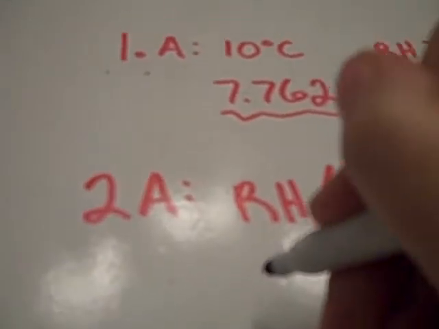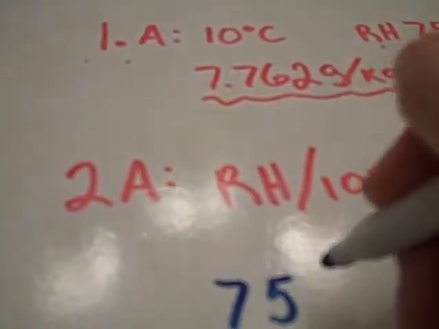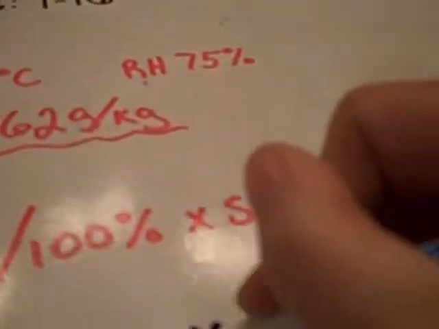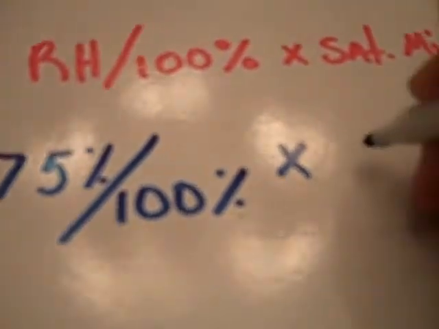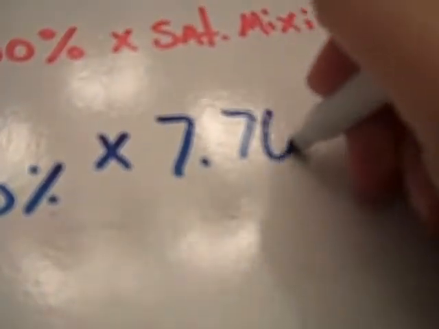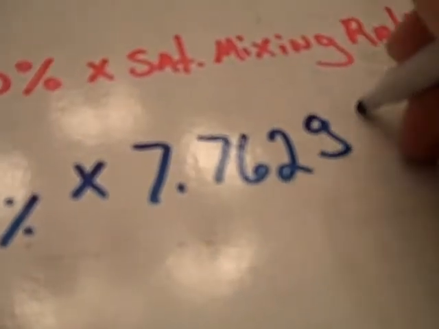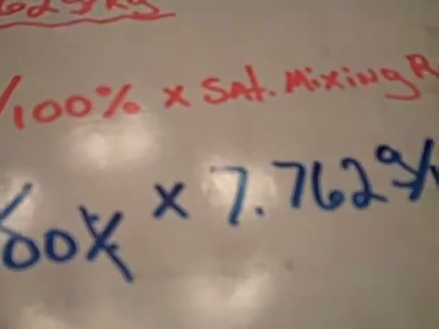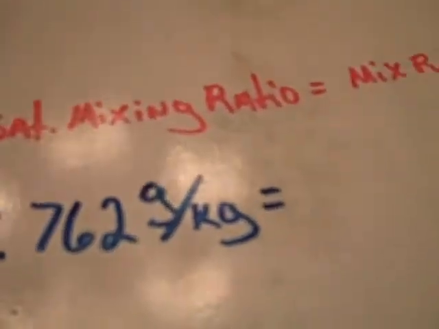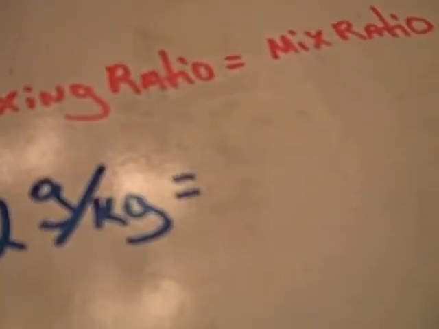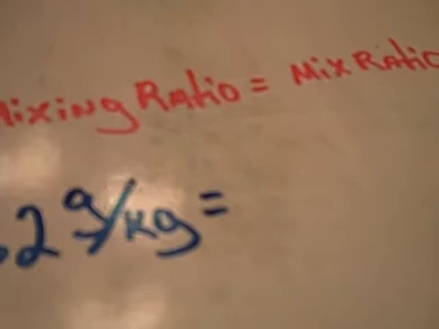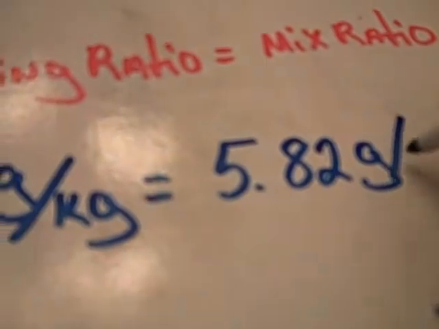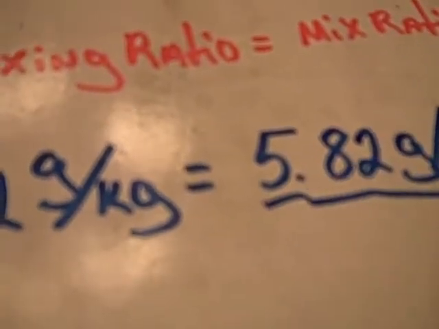So let's plug everything in: 75% divided by 100% times the saturation mixing ratio from my curve, 7.762 grams per kilogram. My percentage units cancel out, and I get as my answer 5.82 grams per kilogram. So that's my answer for 2A.